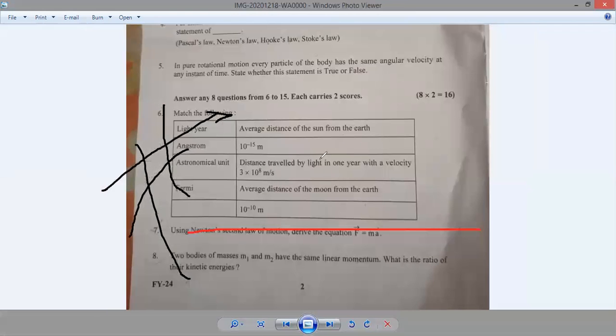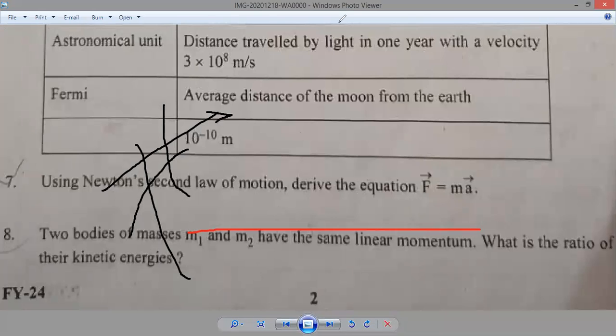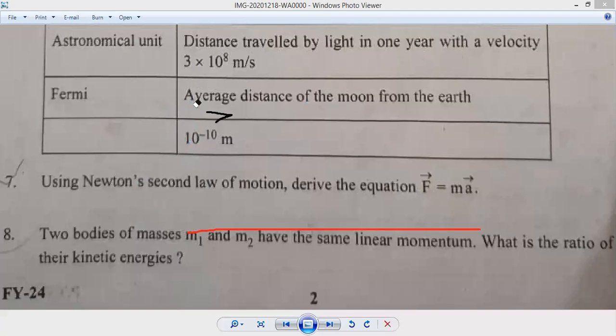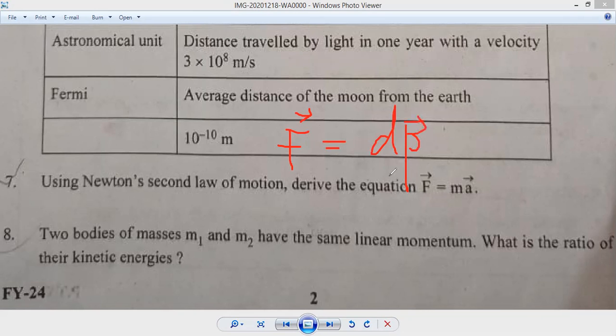Now let me erase this. Okay. So the seventh question is, using Newton's second law of motion, derive the equation F is equal to ma. This is a straightforward derivation. What is Newton's second law? Newton's second law is F is equal to the rate of change of linear momentum. What is the definition of momentum?